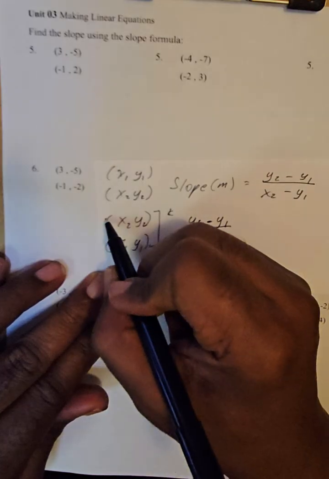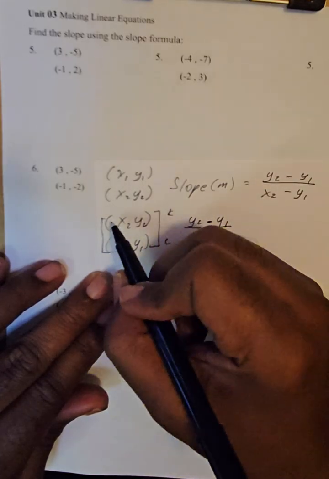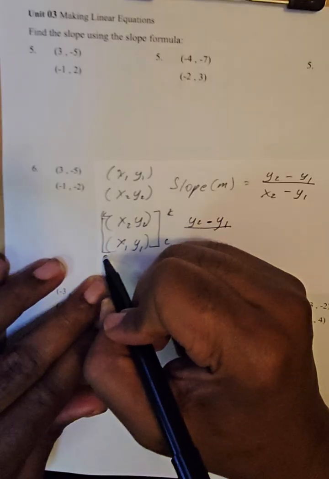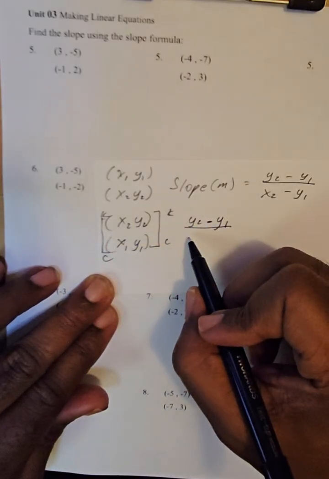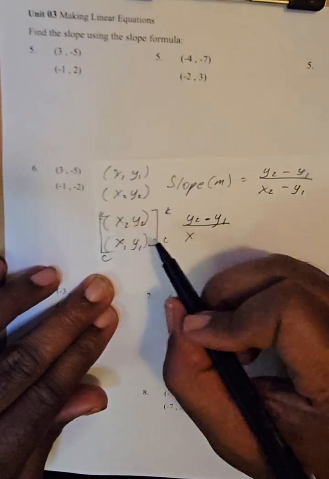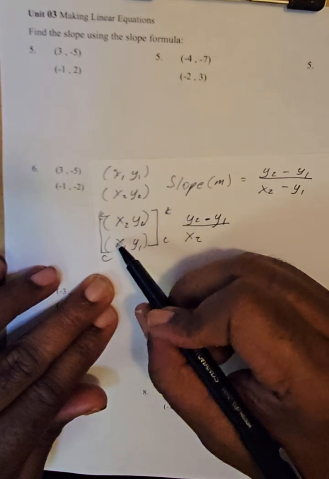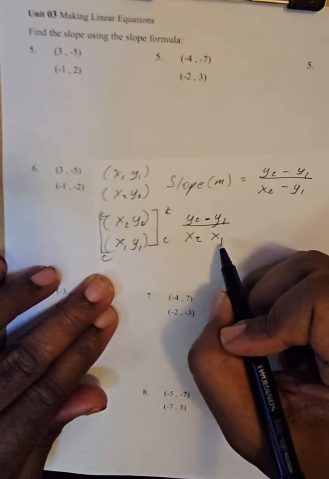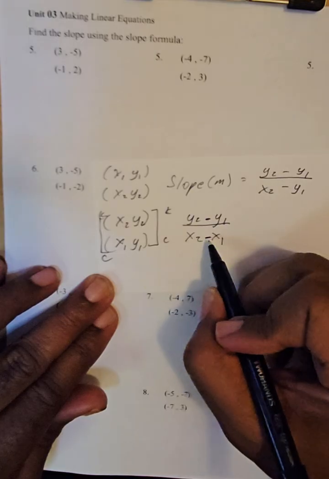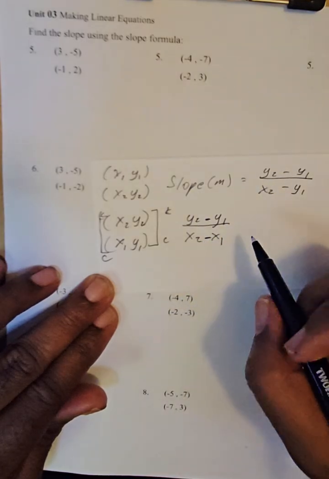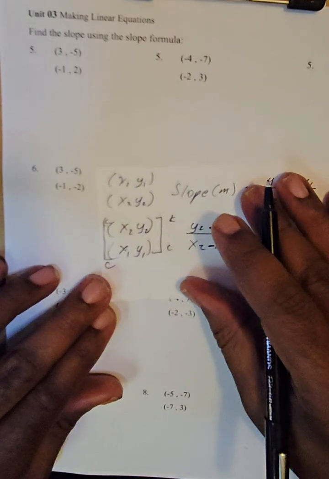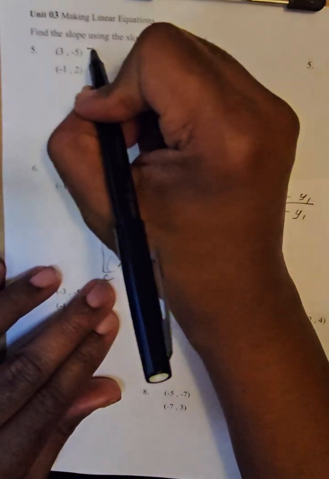Okay, and then for the bottom, we'll do the left side. We're going to do a keep and change there as well. So I'll be keeping this x right here, but I'll be changing this x. I'll be using the second x, but changing the sign, and this will give me my slope. So let's start the process.